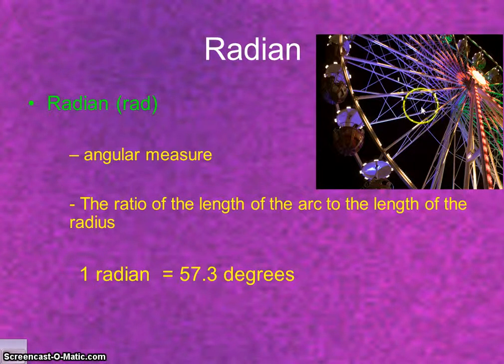So that's a radian. That's the actual definition of it. When the radius is equal to the length of arc, then the angle between these two radii is going to be 57.3 degrees.